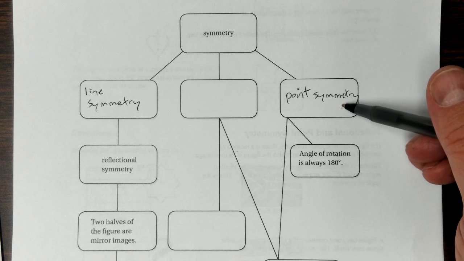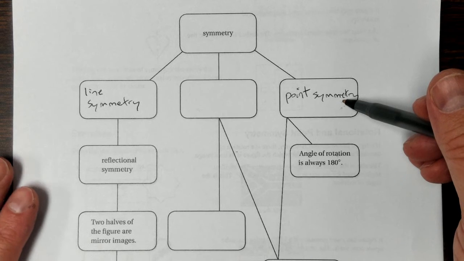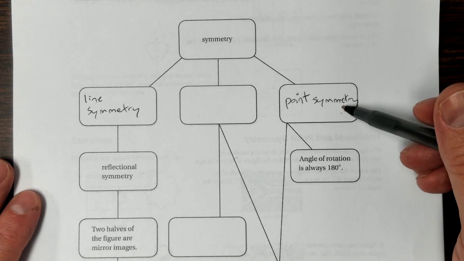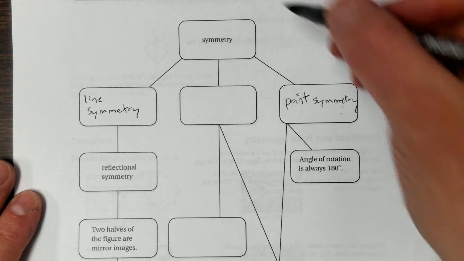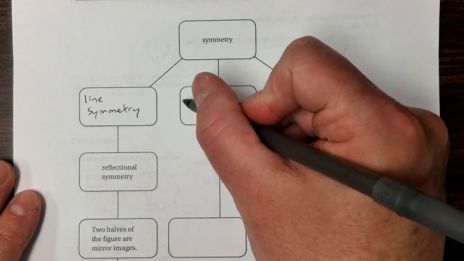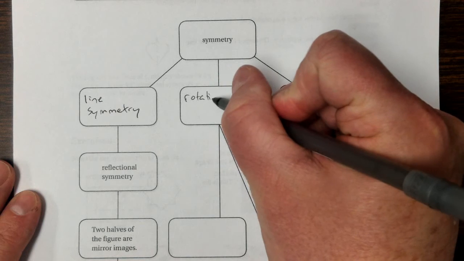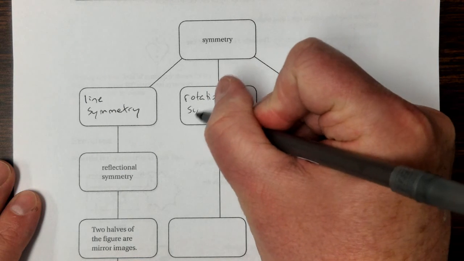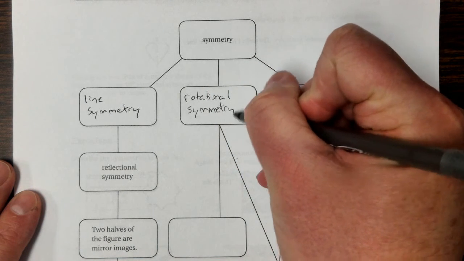The other type of symmetry is rotation symmetry, or rotational. So we'll put rotational symmetry.